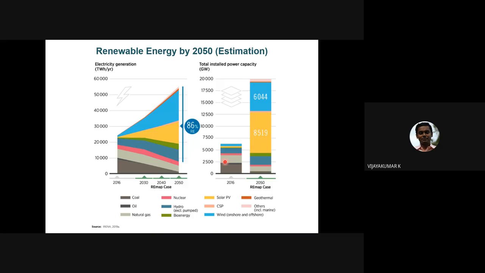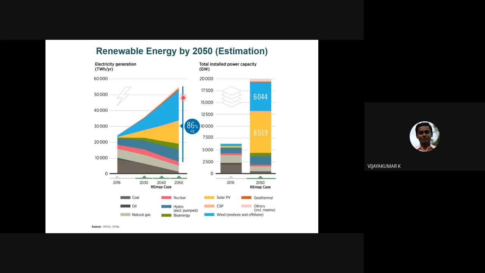So what is the estimation? If you look at renewable energy by 2050: in 2020 we needed around 35,000 terawatt hours per year. Estimating for 2050, you require 65,000 terawatt hours per year.